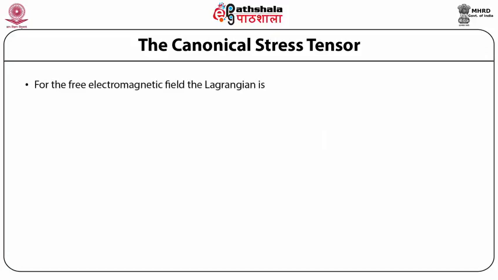For the free electromagnetic field, the Lagrangian is L free equals minus 1 divided by 4 mu naught F mu nu into F mu nu.